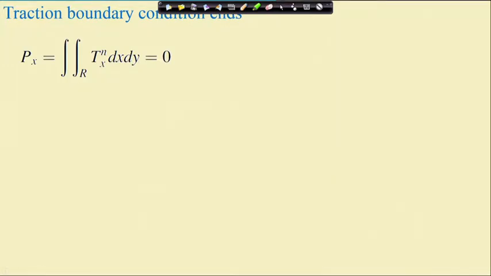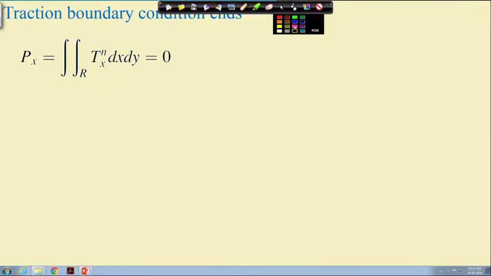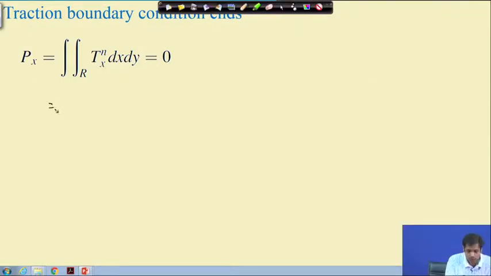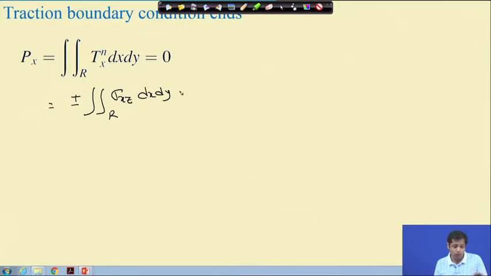So, this expression becomes plus or minus the integration over the region R of sigma xz, and this integration is over dx and dy. So, this has to be equal to 0. We do not know whether this is equal to 0 or not.